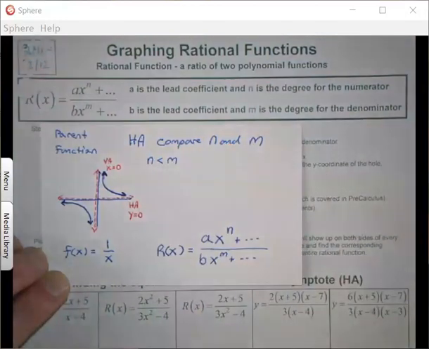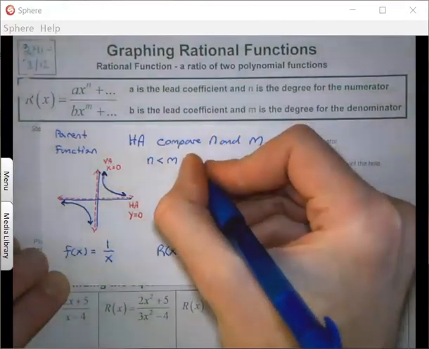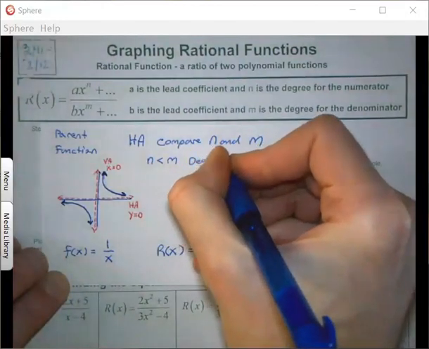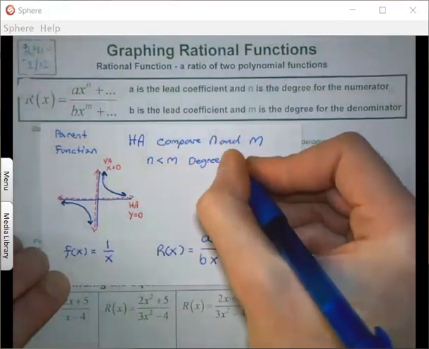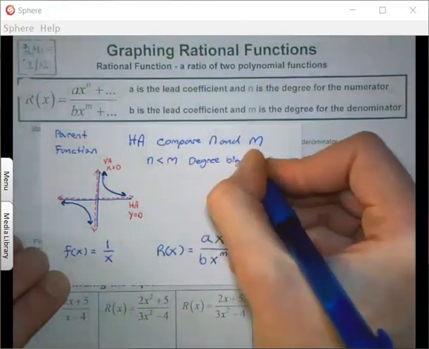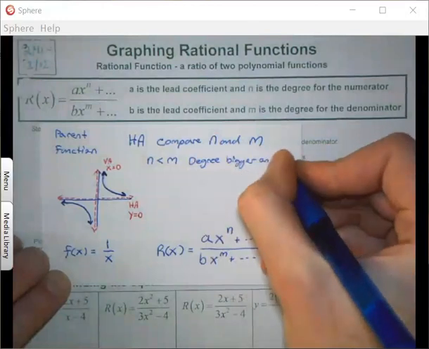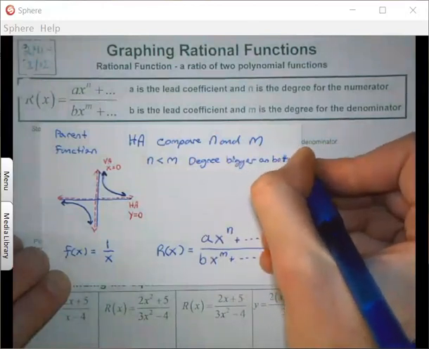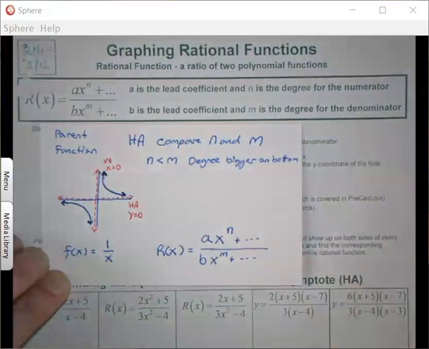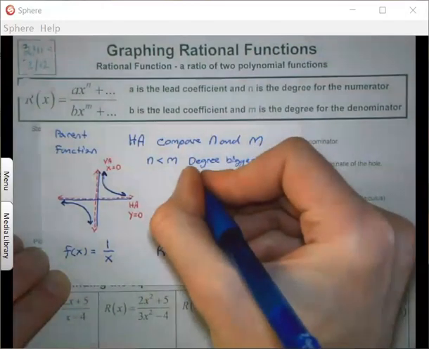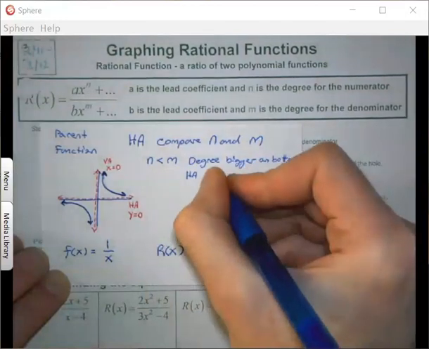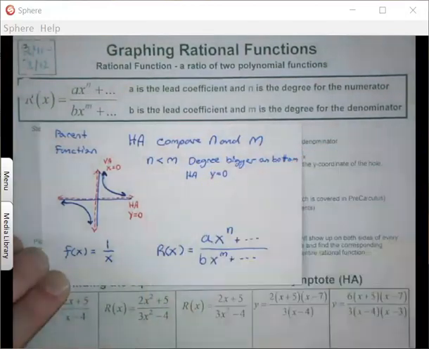So the degree could be bigger on the bottom. Whenever the degree on the bottom is larger, the horizontal asymptote is at y equals 0.